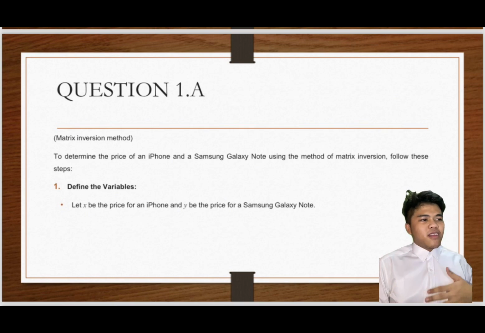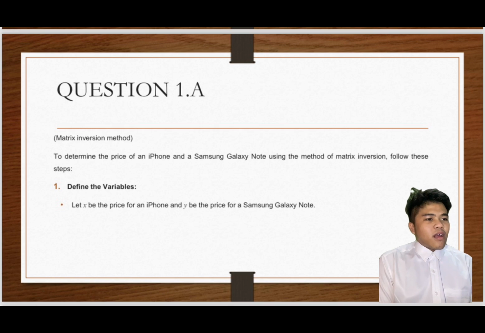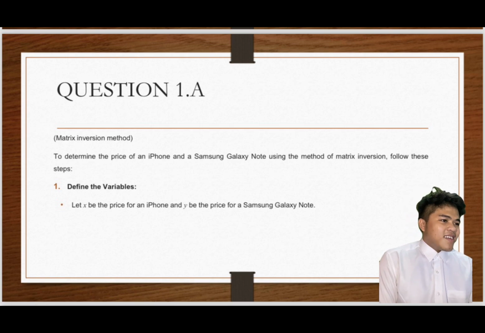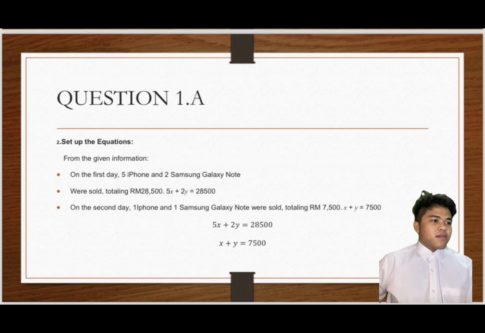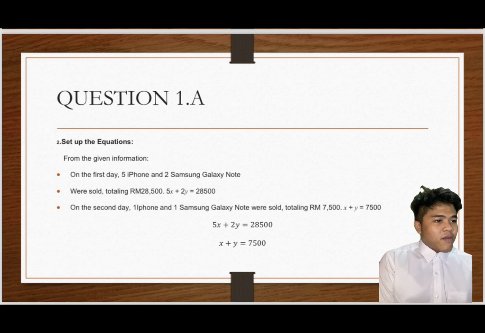Step 1 is to determine the price of an iPhone and a Samsung Galaxy Note using the method of matrix inversion. Follow these steps. Define the variables. Let x be the price for an iPhone and y be the price for a Samsung Galaxy Note. Step 2, set up the equation. From the given information, on the first day 5 iPhones and 2 Samsung Galaxy Notes were sold, totaling 28,500.